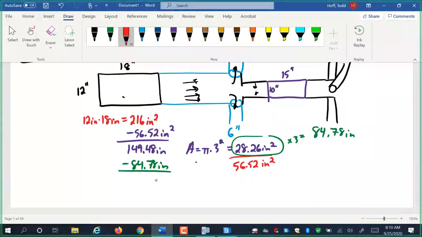So we subtract here, we've got square inches. 0.746. 64.76 square inches left is what we need. About 65 square inches, in other words.